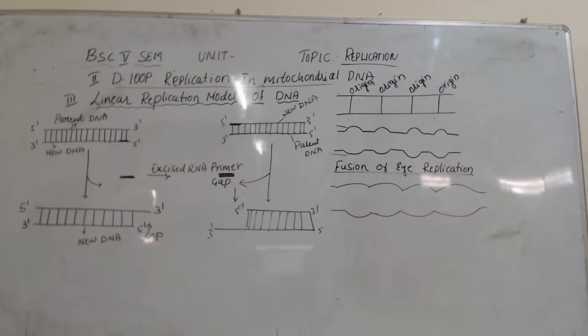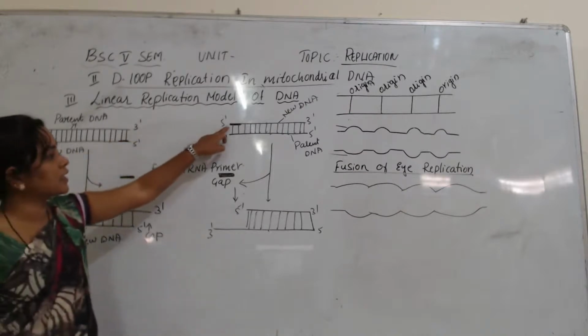In linear replication, the new strand is extended from the RNA primer. So that new strand has an RNA primer at the 5 prime end. The new strand is present at the 5 prime.